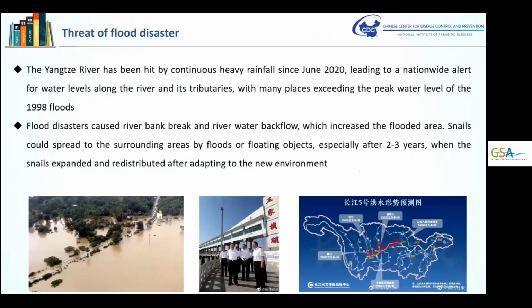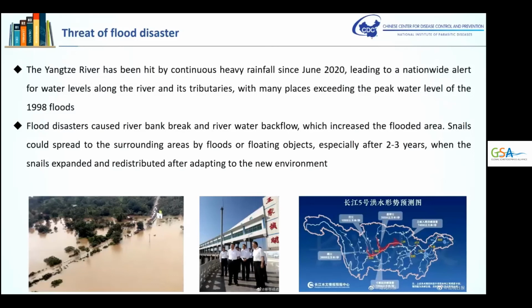The Yangtze River has been hit by continuous heavy rainfall since June 2020, leading to a nationwide alert for water levels along the river and its tributaries, with many places exceeding the peak water level of the 1998 floods.